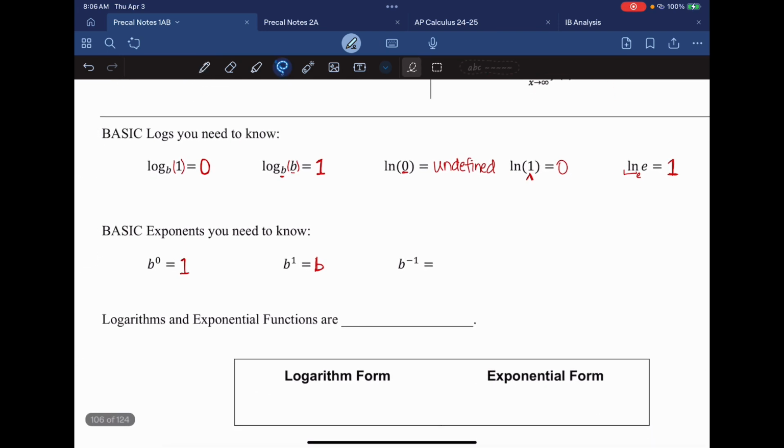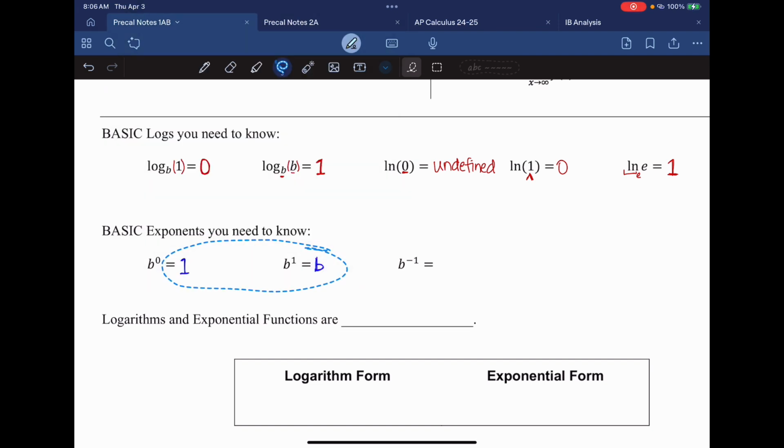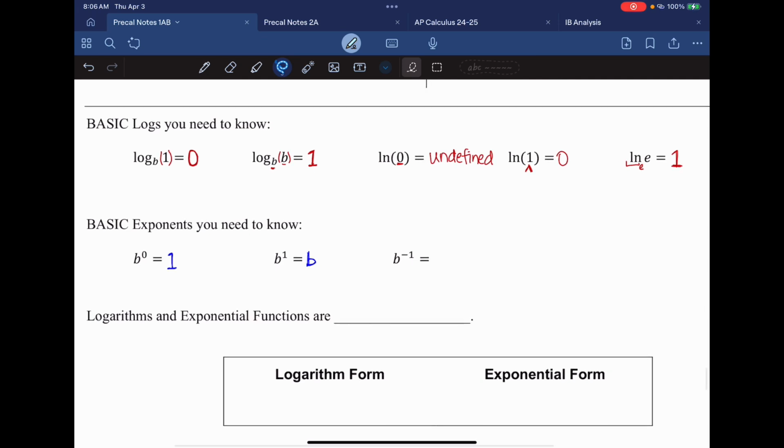Exponents. So we've talked about these two. Anything to the -1 power is just one of your exponent rules that you should already know. A negative exponent means that we can move that base to the denominator.